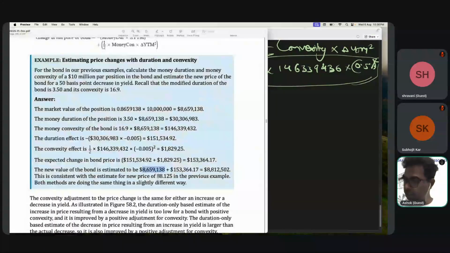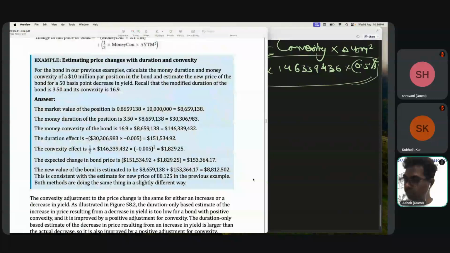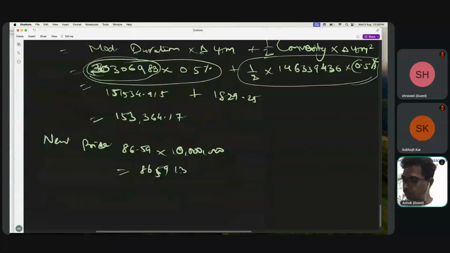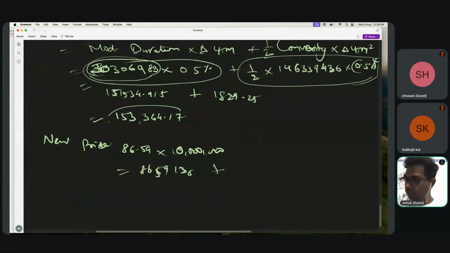You check, you will get this number, 8,659,138. Now because the interest rate they said will come down, this much price will go up. So plus this number.